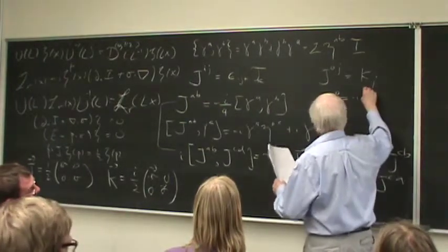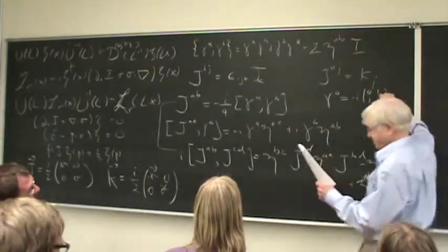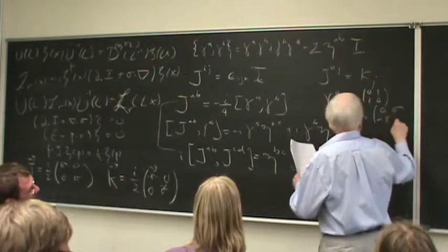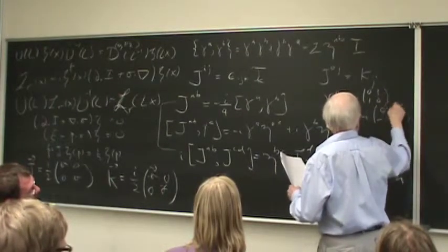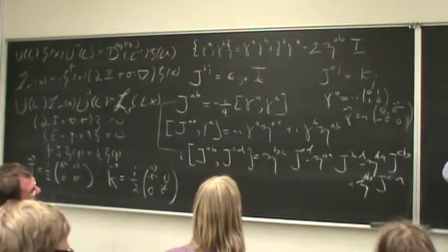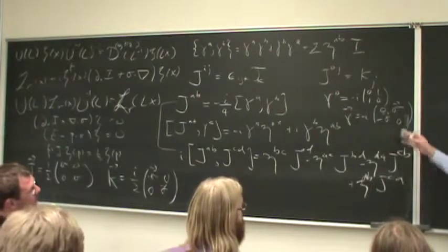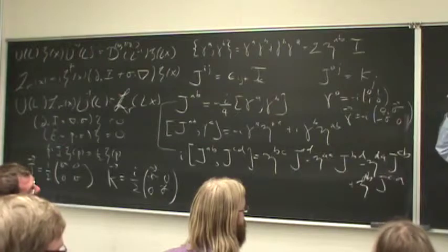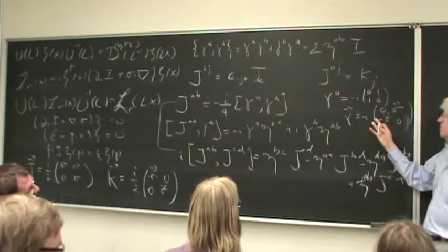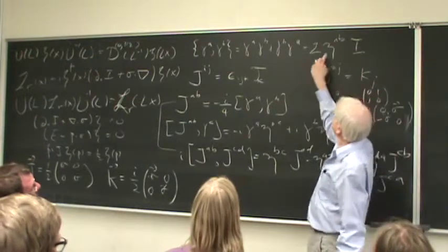Weinberg's choice is minus i times the 2 by 2 matrix 0, 1, 1, 0, and gamma is minus i 0, sigma, minus sigma, 0 for the other three. Now, of course, Weinberg has the minus 1 plus plus plus metric. Schwartz has the 1 minus 1 minus 1 minus 1 metric. So to go from Weinberg to Schwartz, all you do is cover up the minus i's, and then that flips the sign of eta.